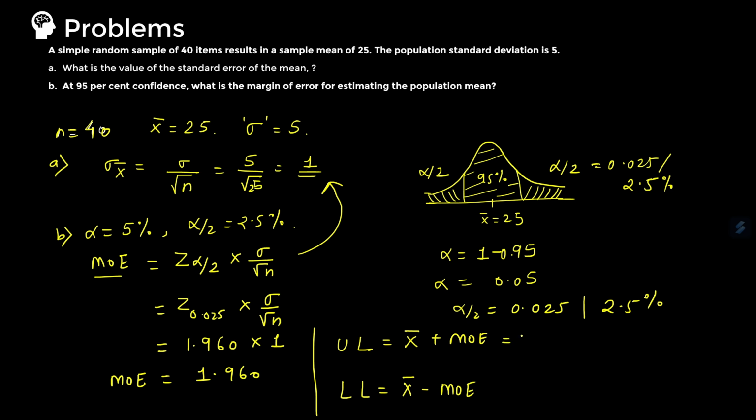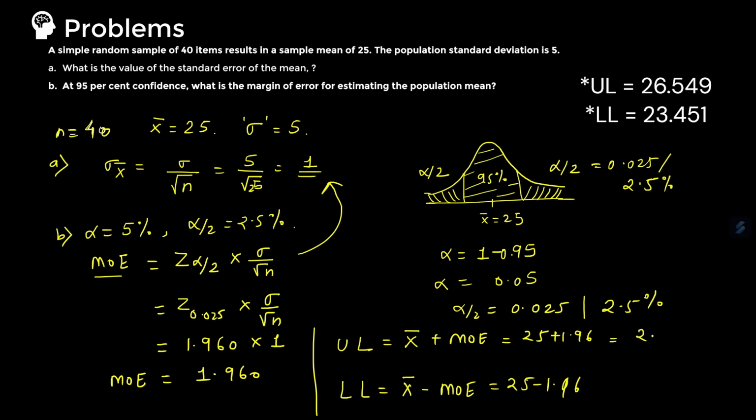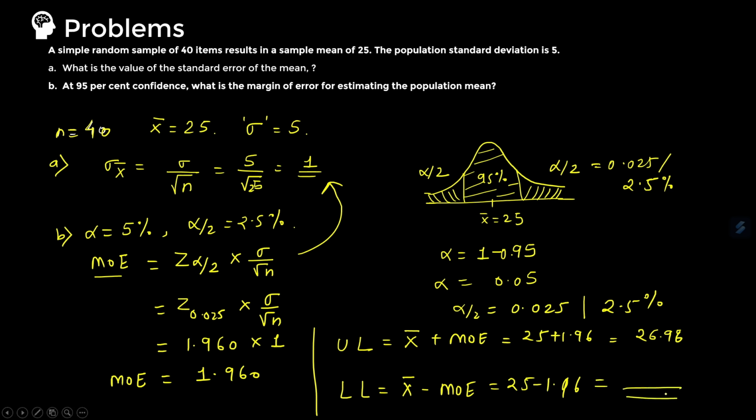This comes to 25 plus 1.96 and 25 minus 1.96, which is 26.96 and 23.04. So this is how we solved this problem from the beginning.